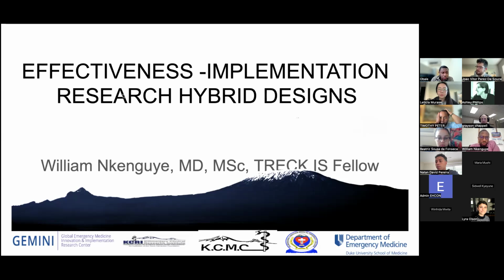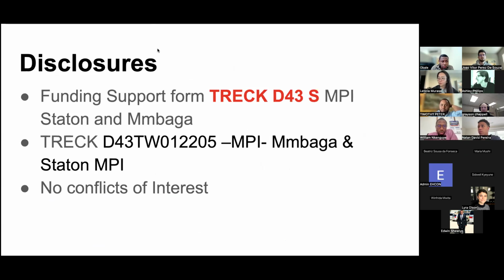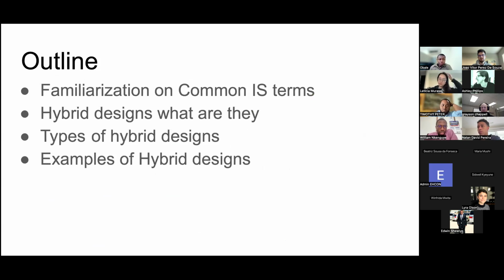Today I know we have colleagues here in trial design, so you can always stop me and add anything you want at any time. This is the outline of what I want to talk about. First, to familiarize people with some common concepts in implementation science, because we are going to talk about effectiveness and implementation hybrid designs, so it's important to have at least a brief understanding of some key implementation science terms.